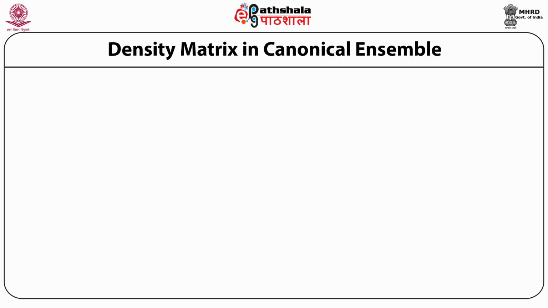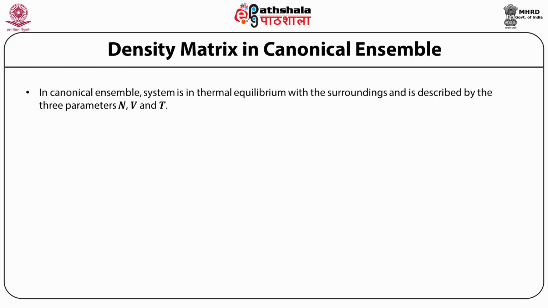Density matrix in canonical ensemble. In canonical ensemble, the system is in thermal equilibrium with the surroundings and is described by the three parameters N, V and T. System and surroundings can exchange energy and hence energy becomes a variable.